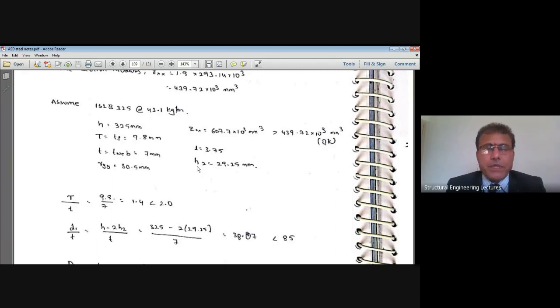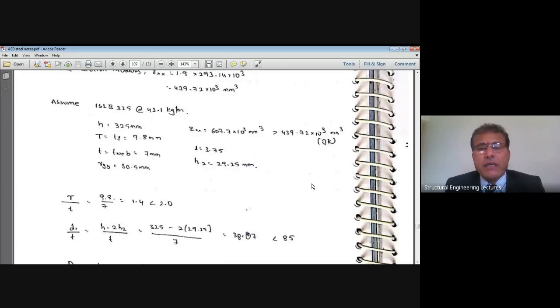What the depth h2 means is the depth up to the end of the root radius, right? Root radius, this curved part. If you open the steel table, you please see what is h2, right? At the end, the flange thickness will be varying, and it will follow a semicircular curve path.